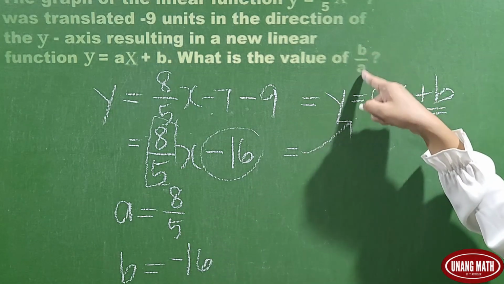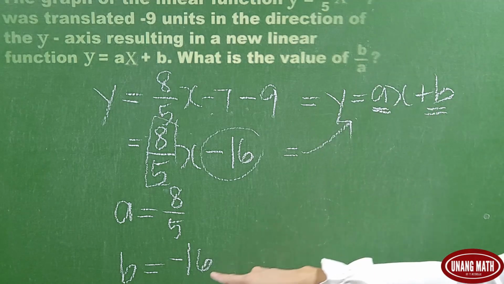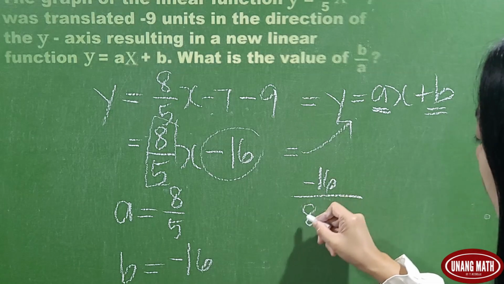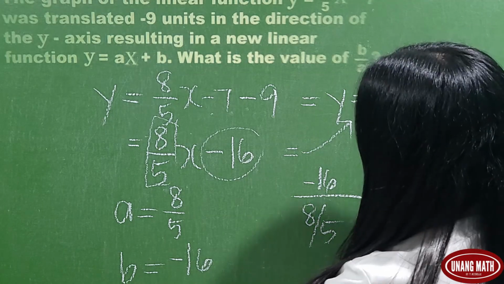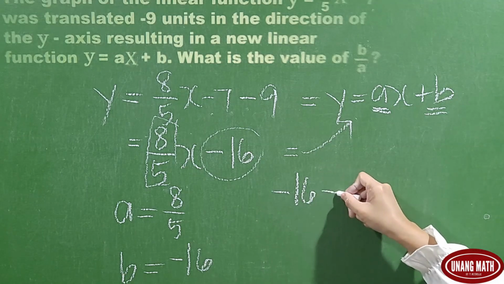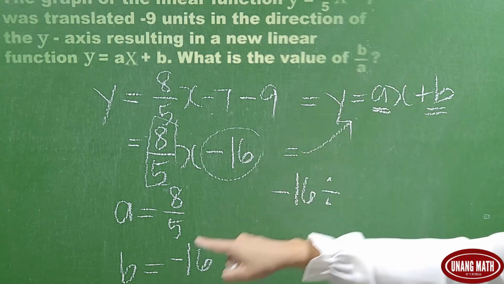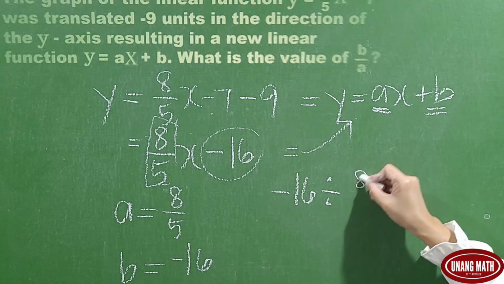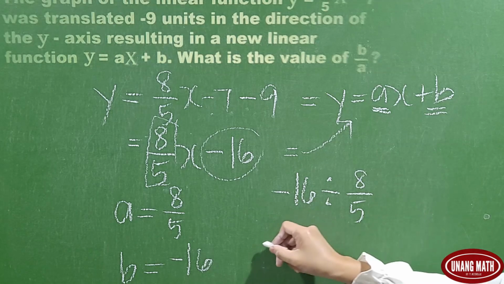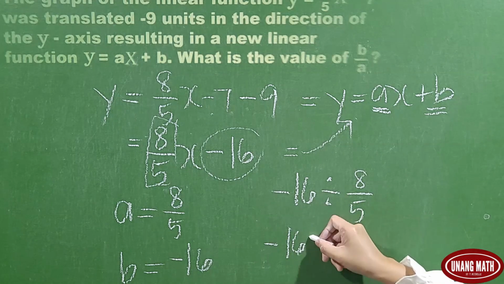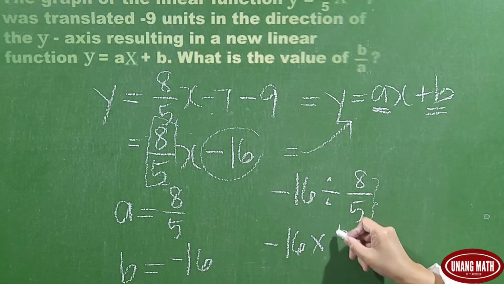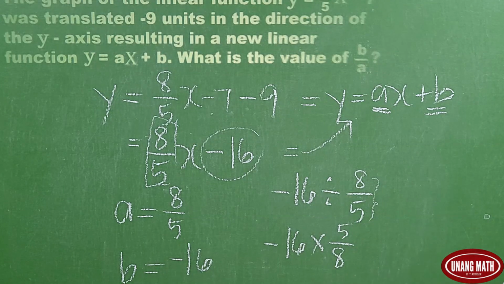Let's compute b over a. It's -16 divided by the value of a, which is 8/5. If we are dividing by a fraction, we change division to multiplication and get the reciprocal of 8/5, which is 5/8.